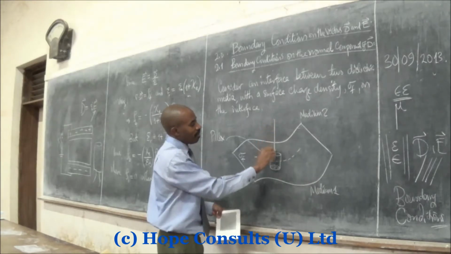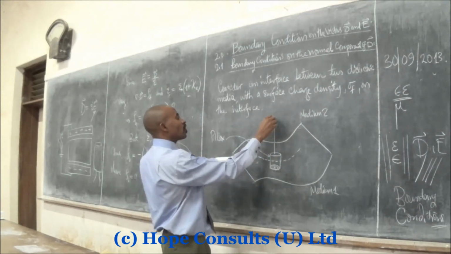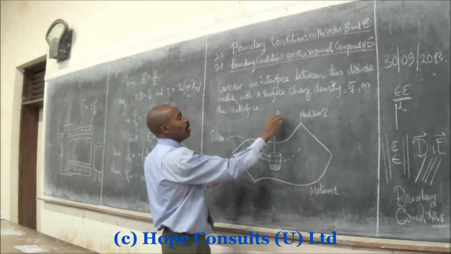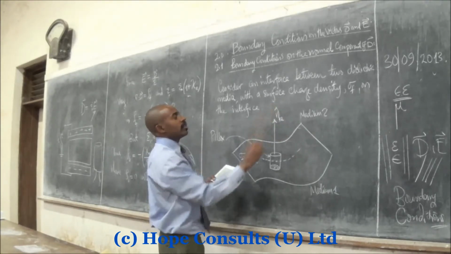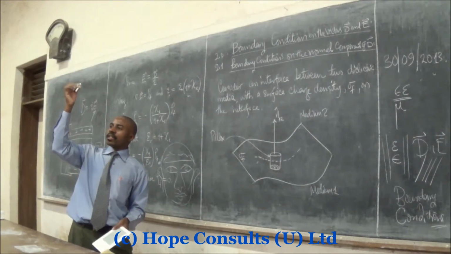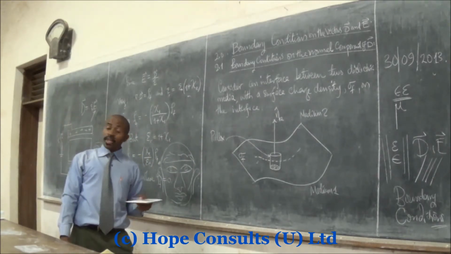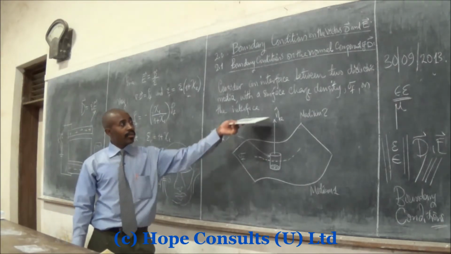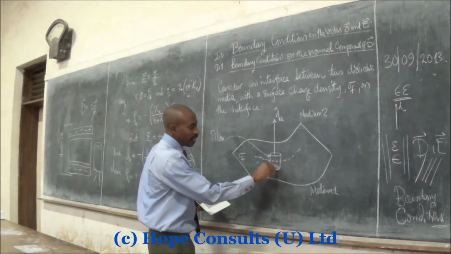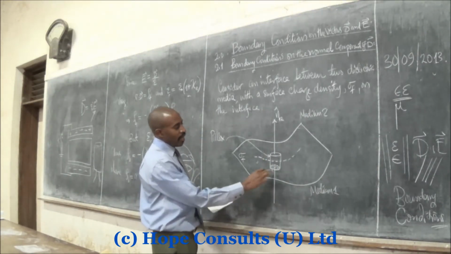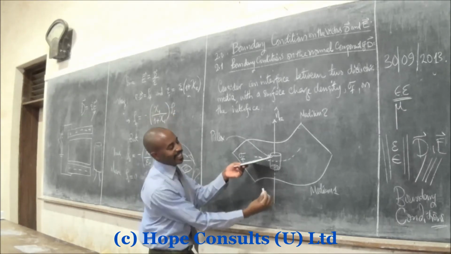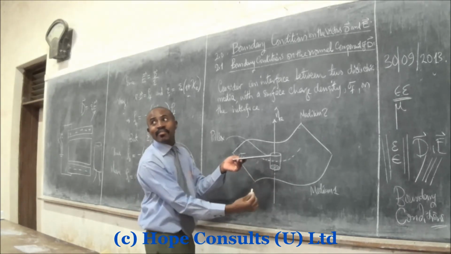So I will have my normal to this pillbox running from medium 1 to medium 2, to show a unit normal direction vector running from medium 1 to medium 2. And I will prolong that on the other side, with dotted lines to show that it is inside the interface.